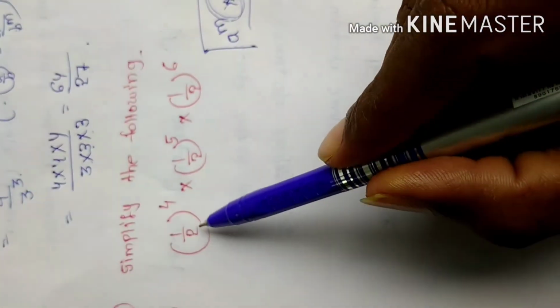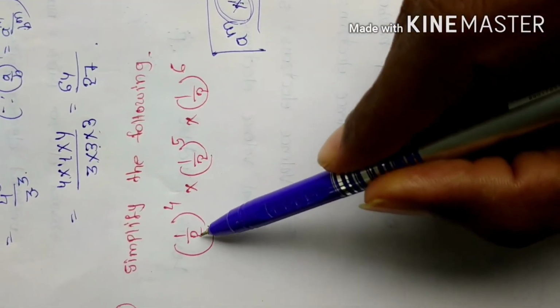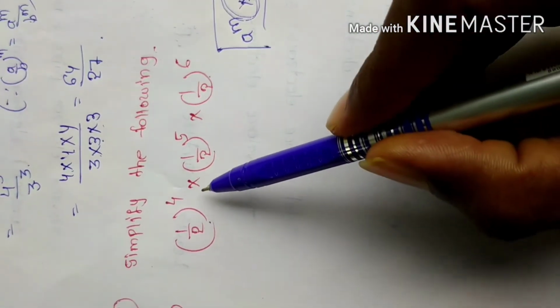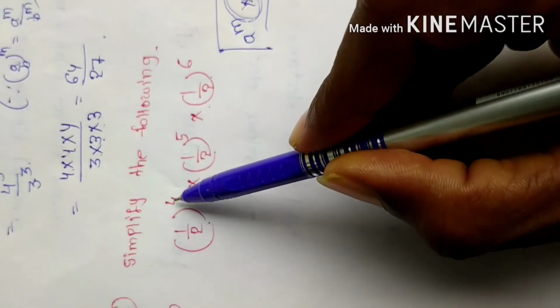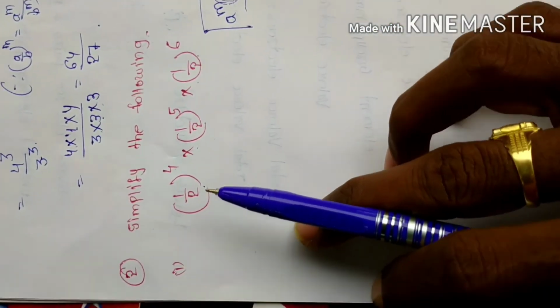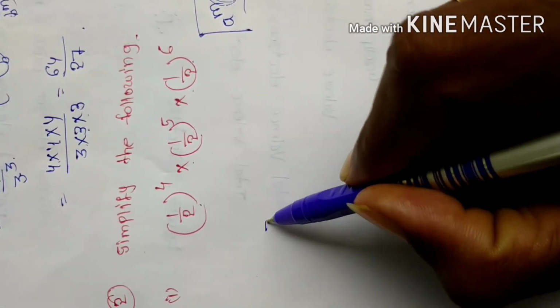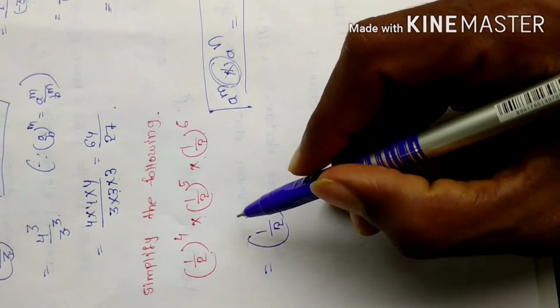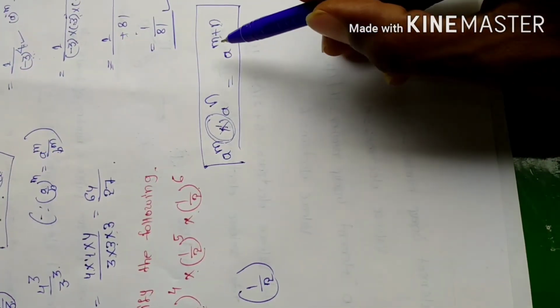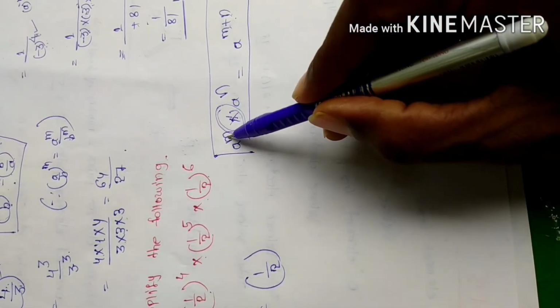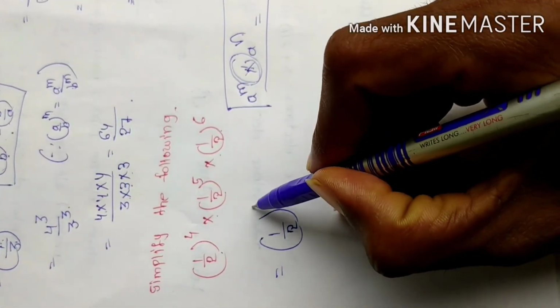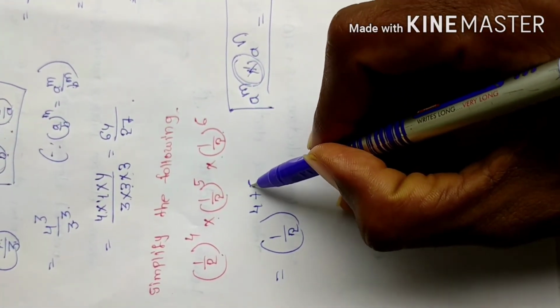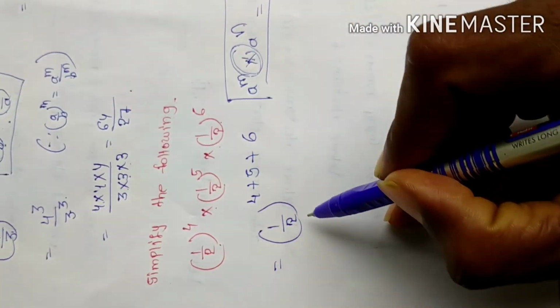Here you can see 1 by 2, 1 by 2, 1 by 2. That means all the bases are the same and the operation is multiplication. Just add the exponents. I can directly write the answer as 1 by 2 whole power m plus n, that means adding the exponents: 4 plus 5 plus 6.